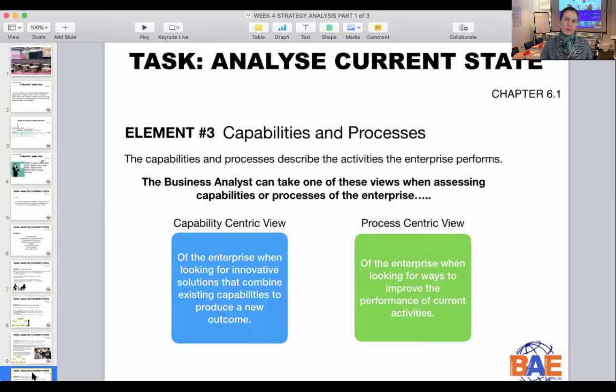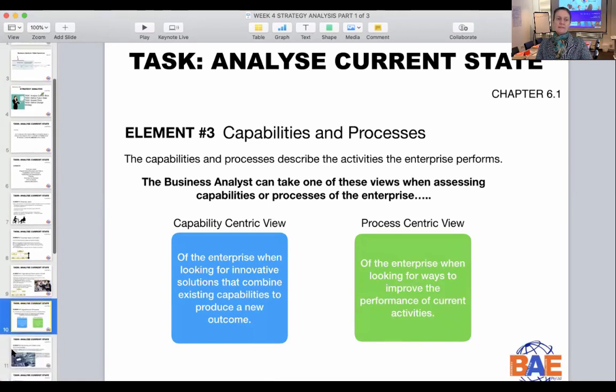Whereas if you look at a process-centric view of the enterprise, is when you look for ways to improve the performance of any current activities. So these are the two different views that tend to be driving some of the assessments of capabilities and processes.